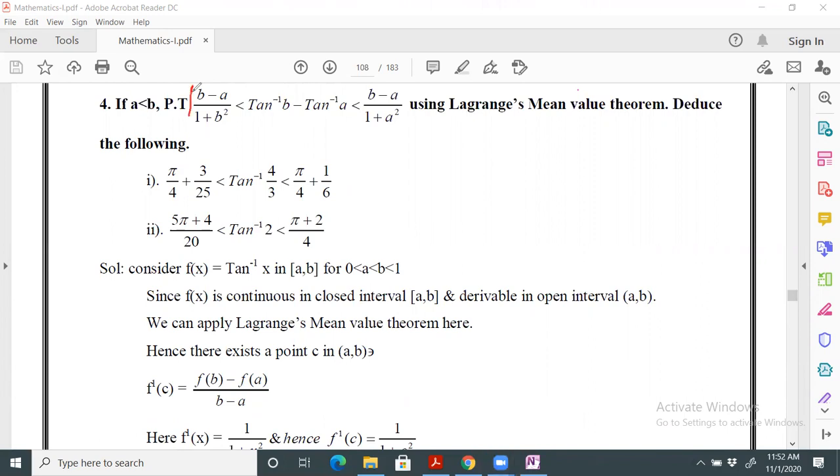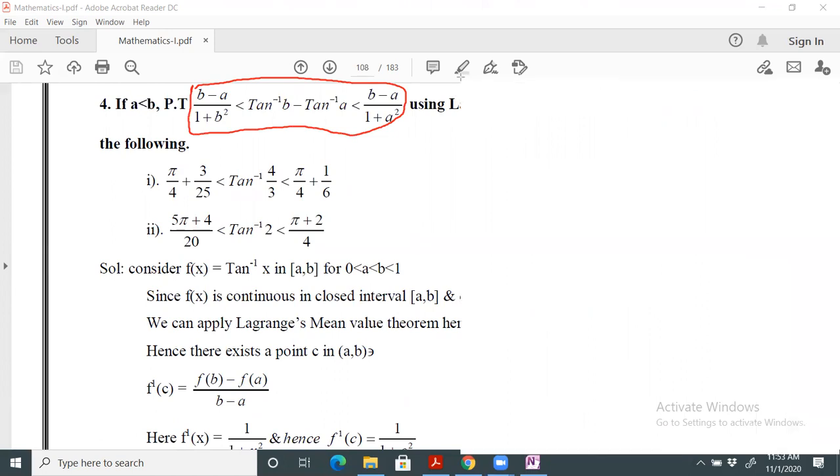Now we have to prove this one. For proving this, I'm going to take first this function as it is. They mention using Lagrange's mean value theorem, but I am treating it as if they didn't mention anything. We can see that b minus a exists in the numerator here as well as here, both in product.